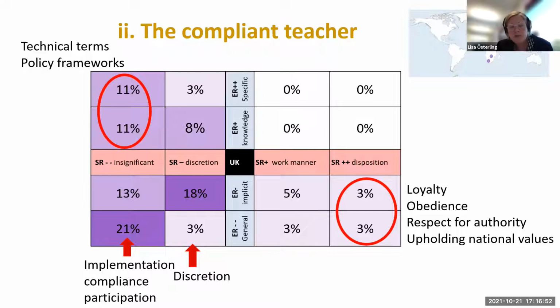It talks to the teacher as someone who complies with rules and follows the rules of the system, and it also talks to a teacher who is loyal to the system and respects the authorities. And general competence, as in the last one: you can see that there is more focus on general competences than on the specific teaching competences.